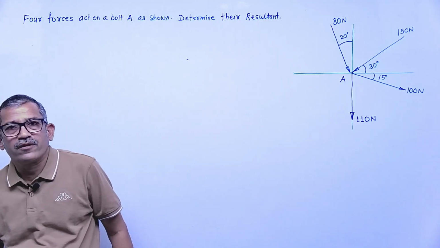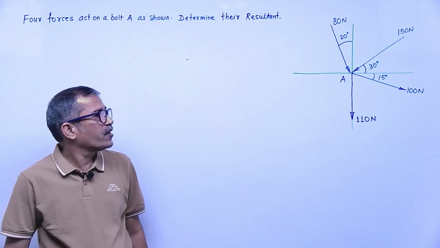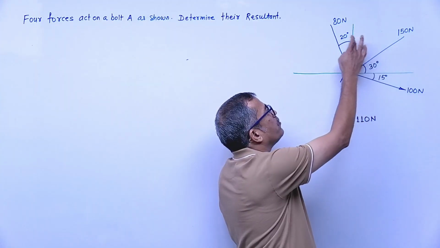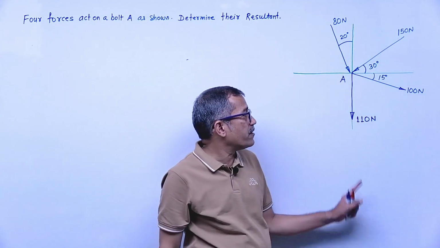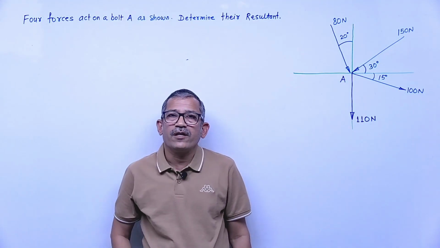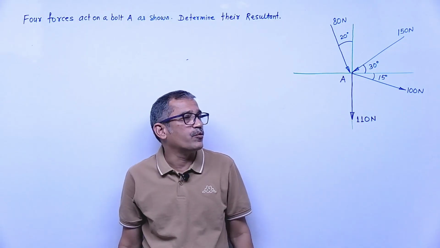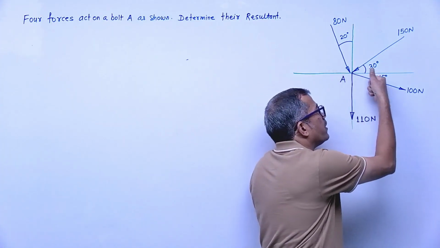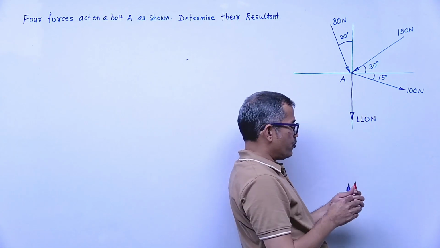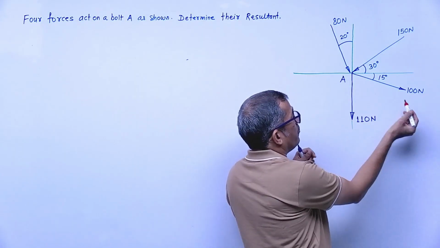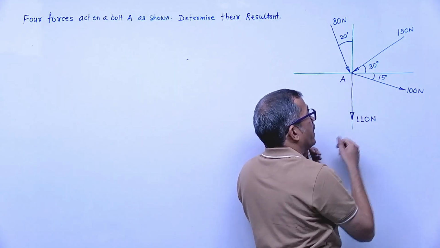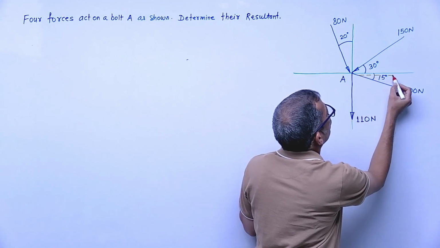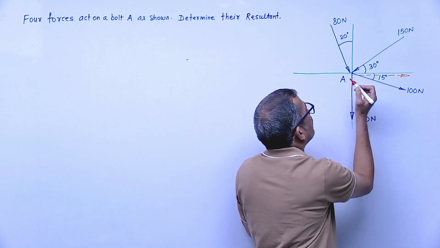What is the first step? Whenever you want to find the resultant of any force system, first we will resolve forces. Now 100 Newton, 150 Newton, 80 Newton are inclined forces; 110 Newton is vertically downward. So we will resolve the inclined forces. Any force that is pull in nature has components that must be pull, meaning away from the body. 100 Newton is away from point A, so its horizontal and vertical components are both away from this point.